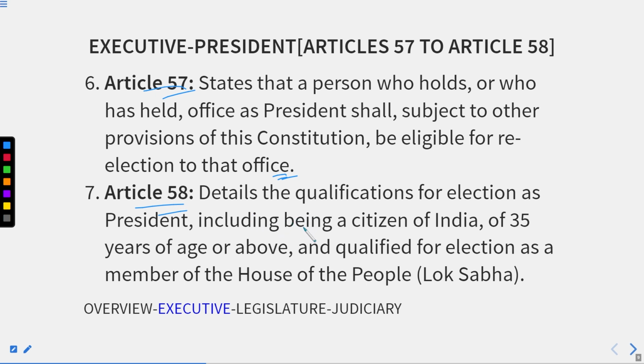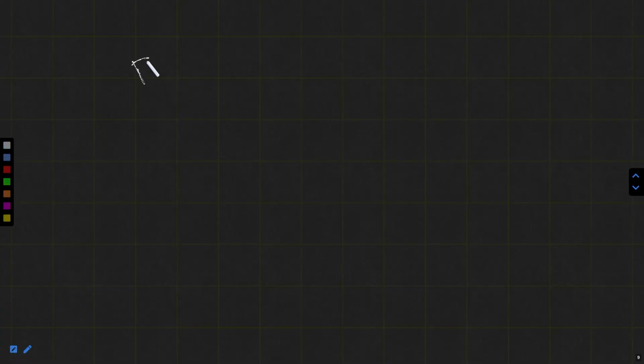details the qualification for election as president, including being a citizen of India, 35 years of age or above, and qualified for election as a member of the House of the People. So there are 3 conditions for eligibility criteria.